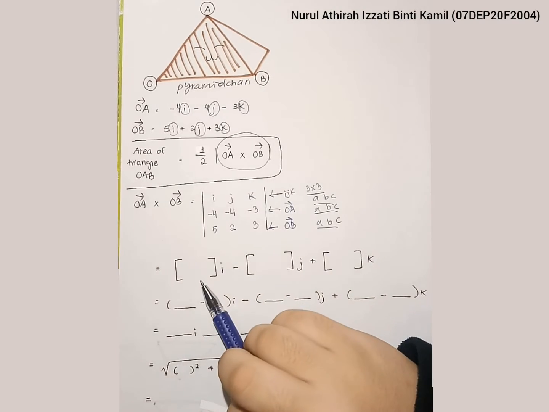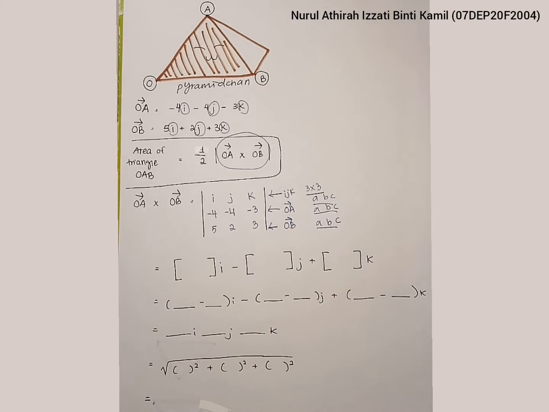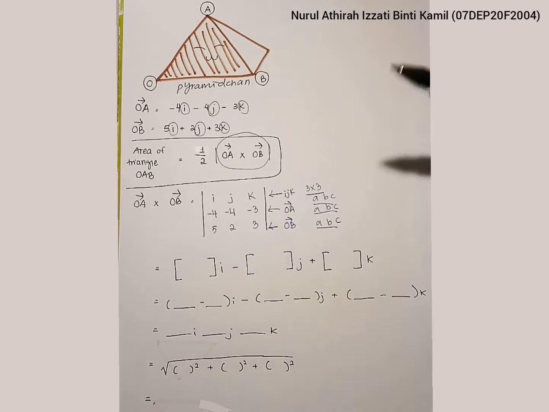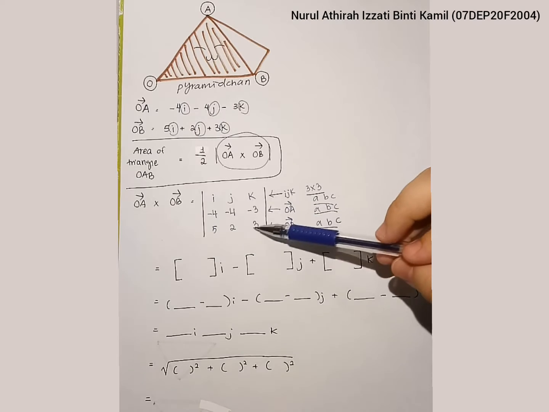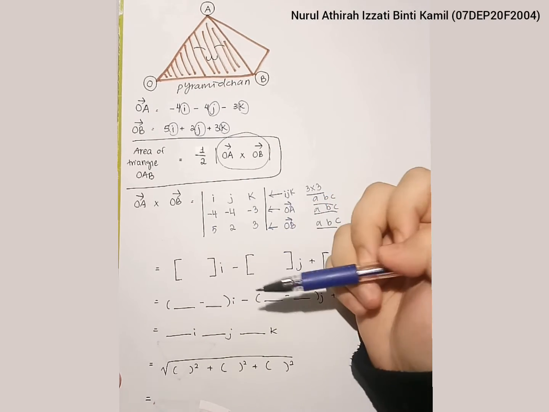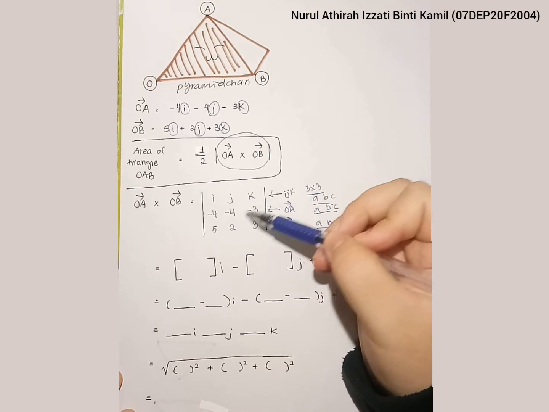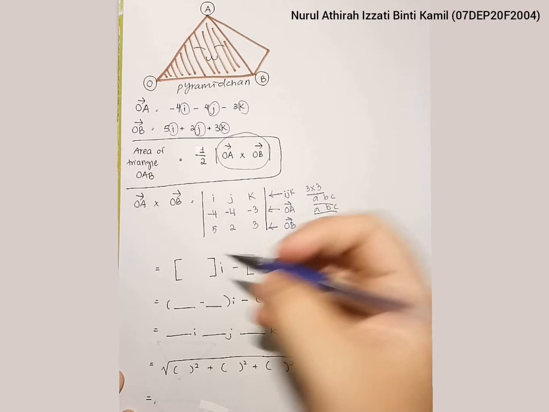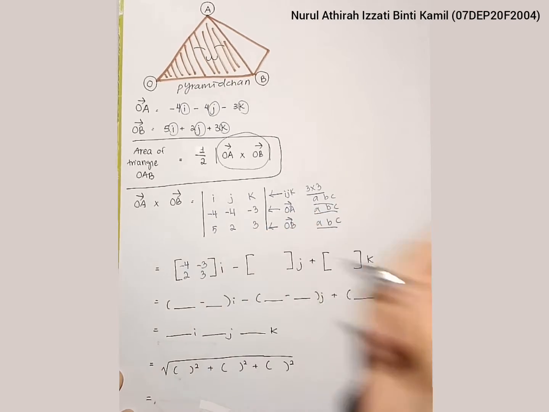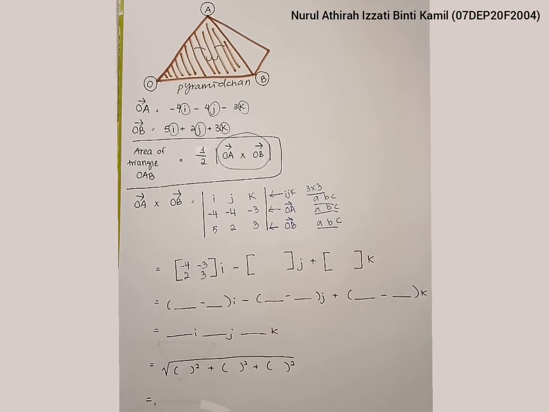To know what to put in here, for example, at the bracket I, we will hide this part and only write what's left, like this. So this is I, we'll hide this, and this is what will remain. So -4, 2, -3, 3. And do the same to the rest.